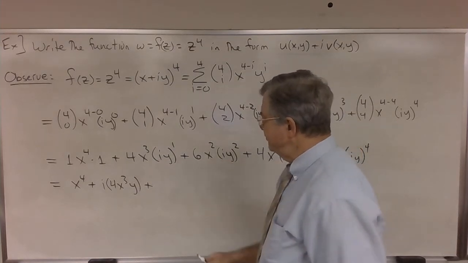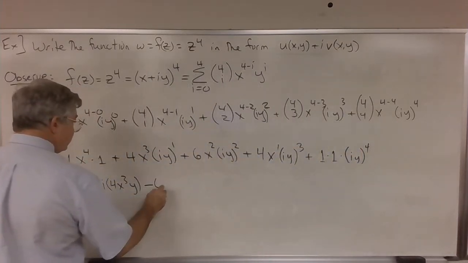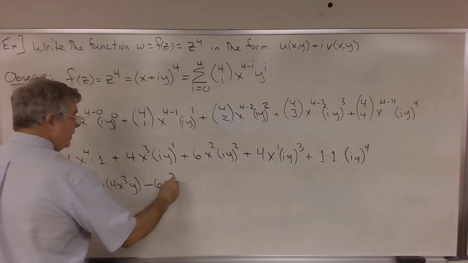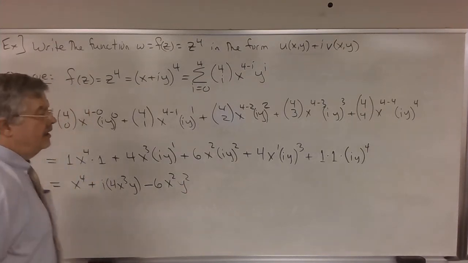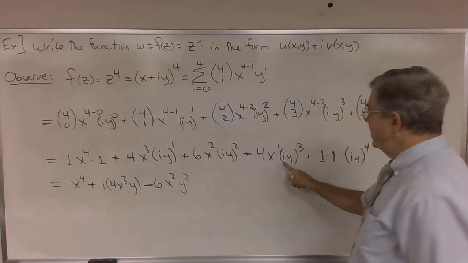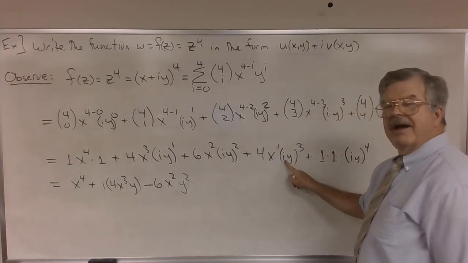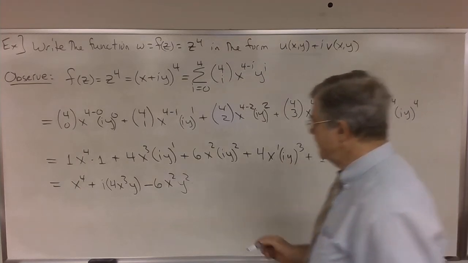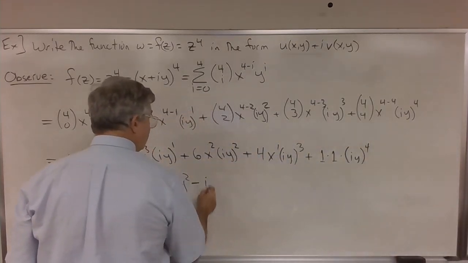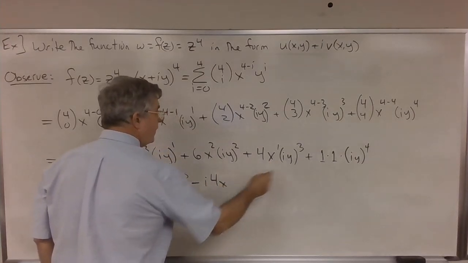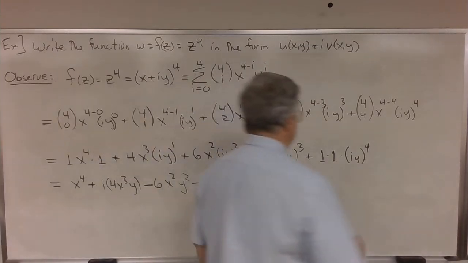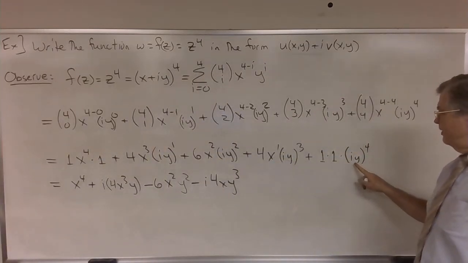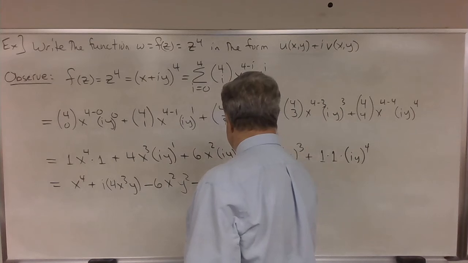So negative 1 times 6 will give us negative 6 times x squared times y squared. Okay, now we have i cubed times y cubed. i cubed is negative i times 4x y cubed. And then here we have i to the fourth times y to the fourth. i to the fourth is just 1. So this boils down to y to the fourth.